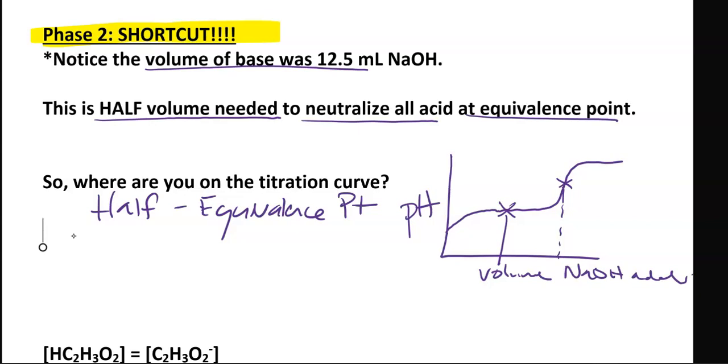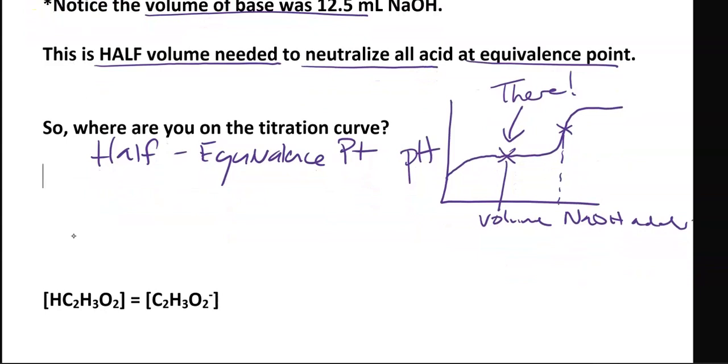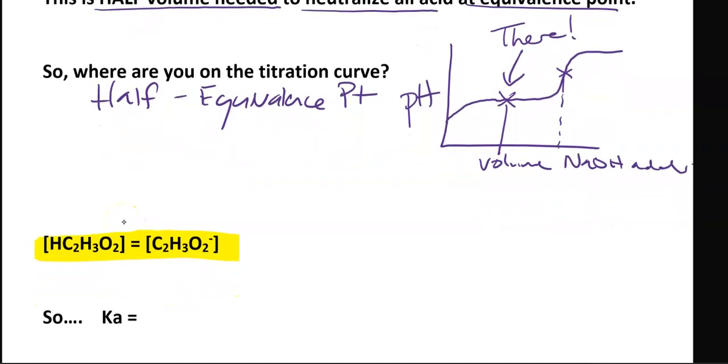So this is the half equivalence point right here. Why is this point special? Well, at this point, your acetic acid, your weak acid that you started with, is equal to its conjugate base that has been forming as the sodium hydroxide reacts with the weak acid. You have a buffer.